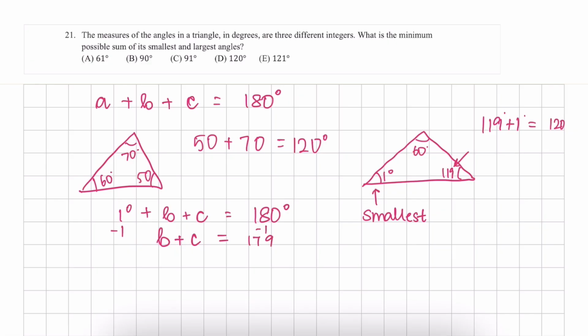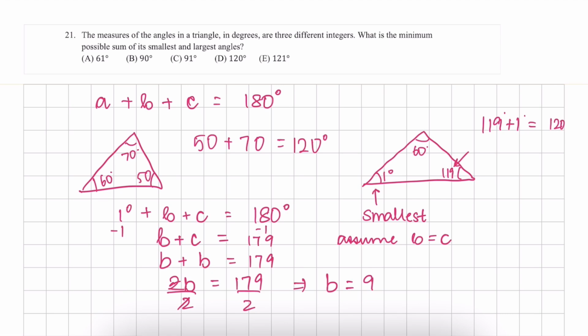If I want the smallest possible largest angle, I can assume that b is equal to c, so b plus b is equal to 179. 2b is equal to 179, divide by 2 on both sides, and that gives me b is equal to 89.5.